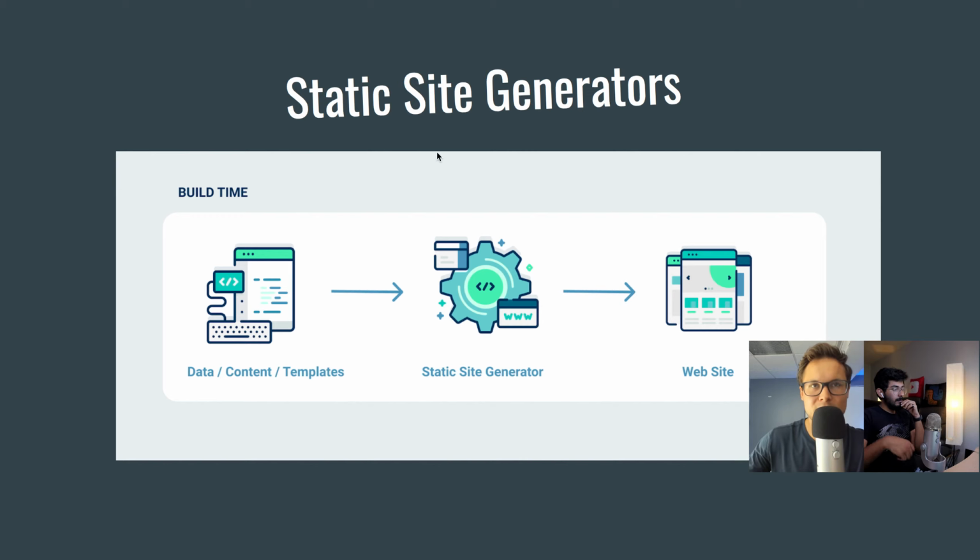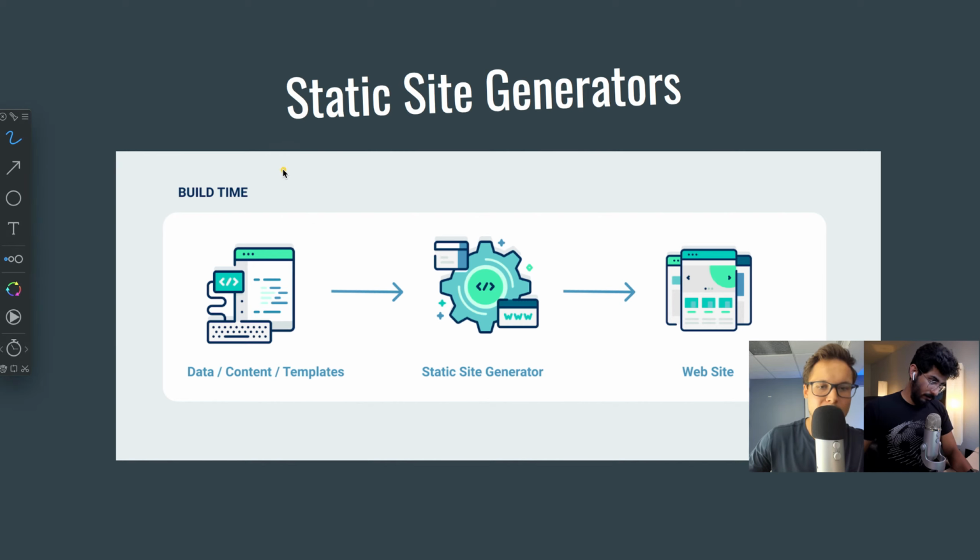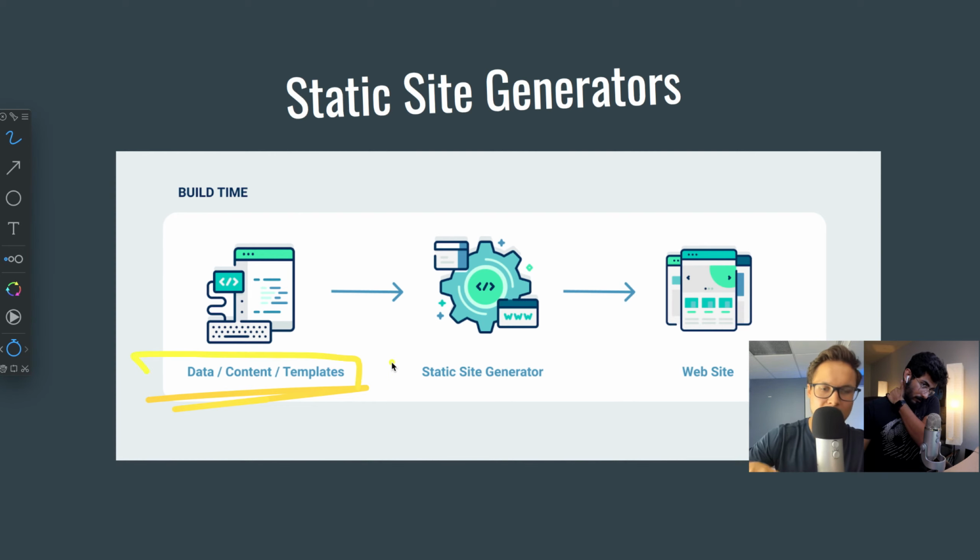So static site generators is kind of what you guys saw with Next.js. Imagine you have a website that shows some data. What happens is a static site generator will take the data from a database, create a static HTML site, and then display it to a user.